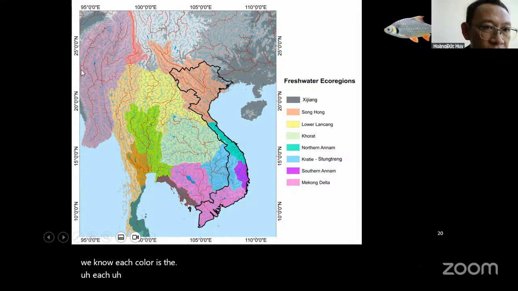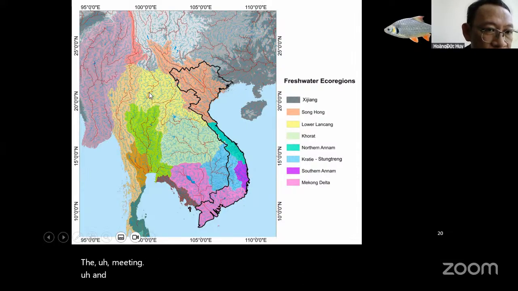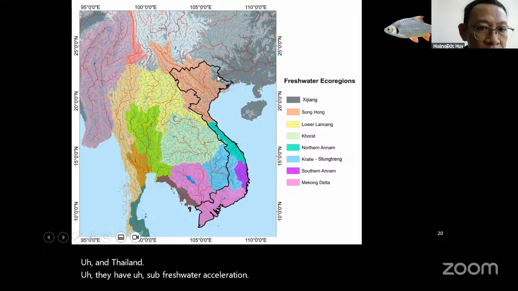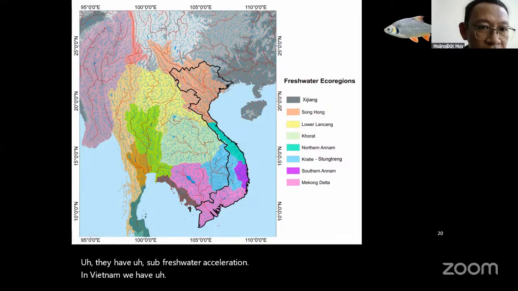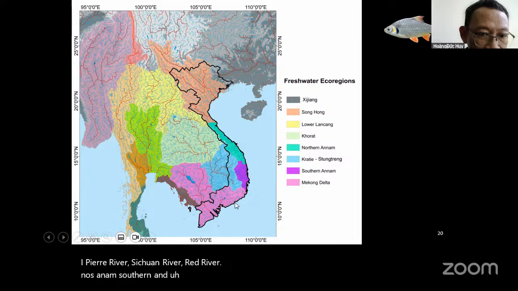For example, here in Myanmar, and Thailand, they have freshwater ecoregions. In Vietnam, we have Pia River, Sư Trăng River, Red River, North Annam, Southern Annam, Euphrates, Sông Trang, and Mekong Delta.